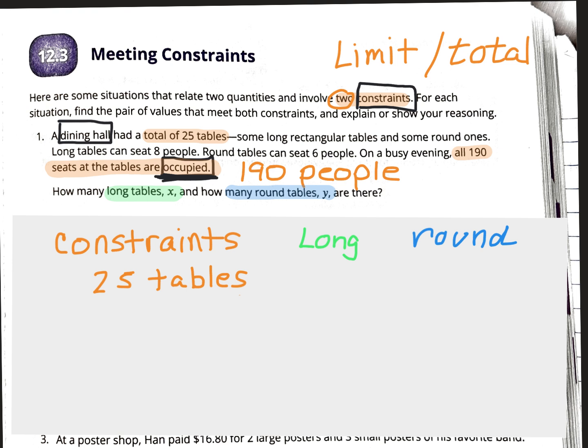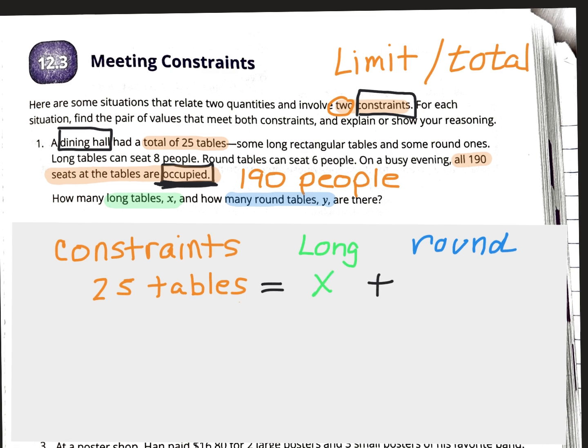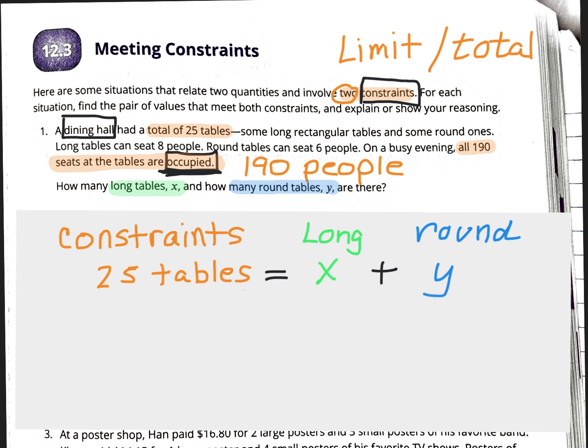So that means our total of 25 tables is equal to the number of long tables plus the number of round tables. So the first equation that represents our first constraint is going to be 25 equals x plus y.